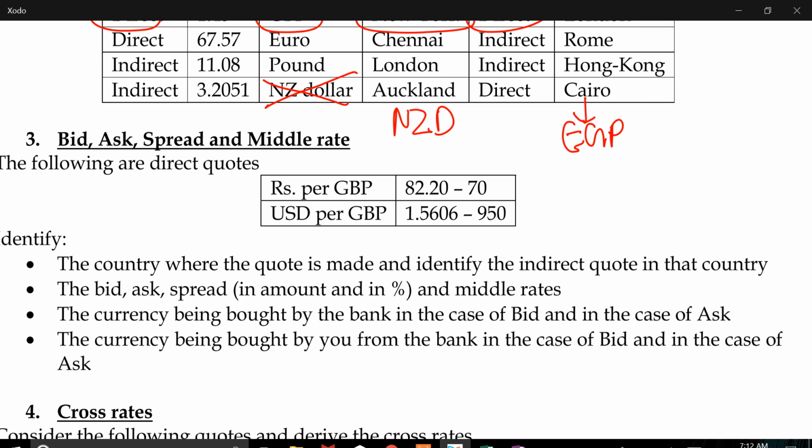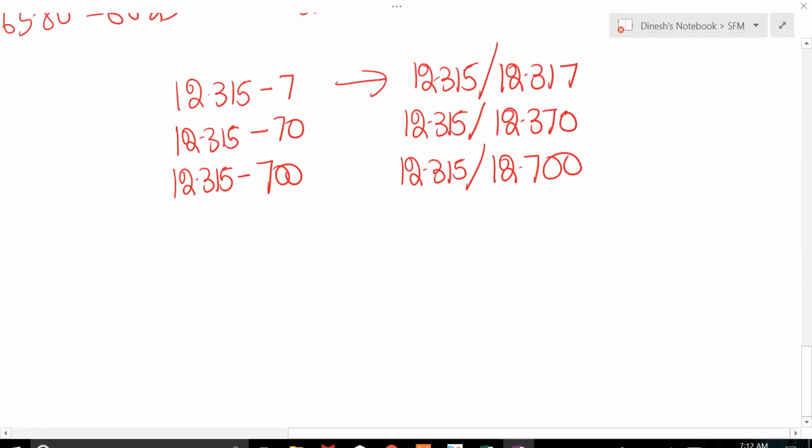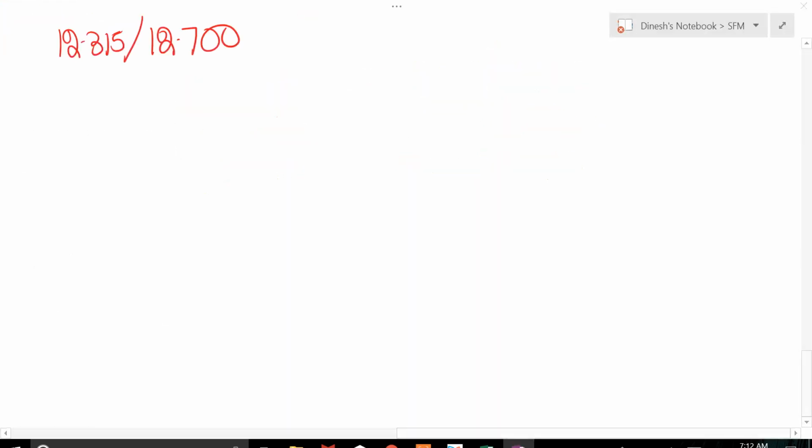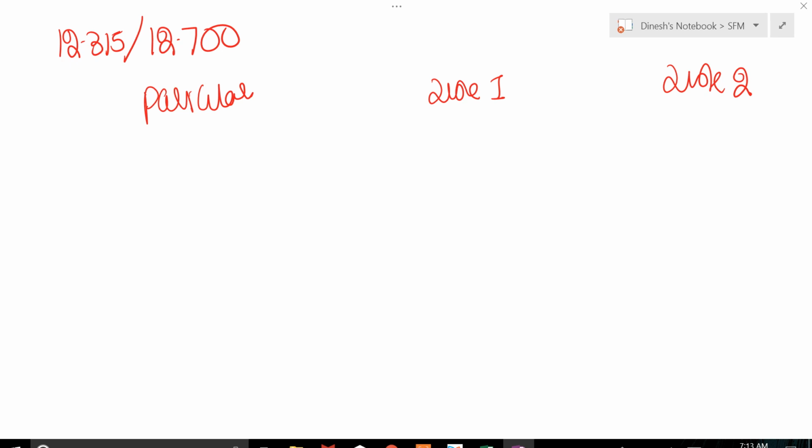Particulars in 2 columns, quote 1 and quote 2. I'll help you with quote 1, you will do quote 2. The question has given 2 problems. I'll take you through the first quote, the second quote you will do. First write the given quote.